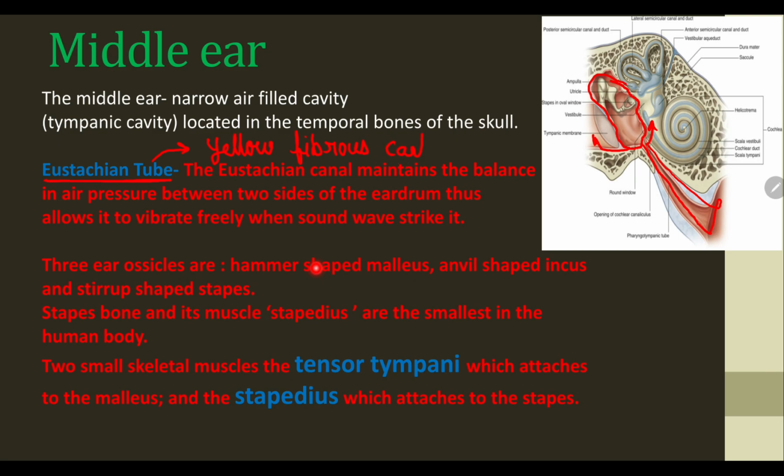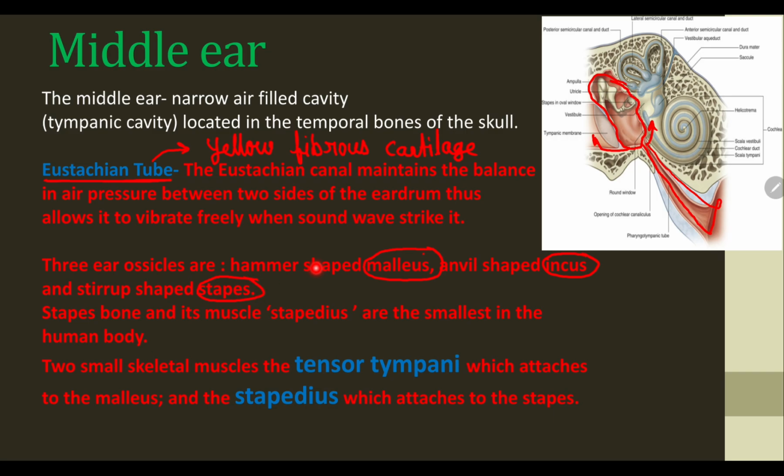In this middle ear, three bones are present. The first bone is called malleus. The second bone is called incus. And the third bone is called stapes.